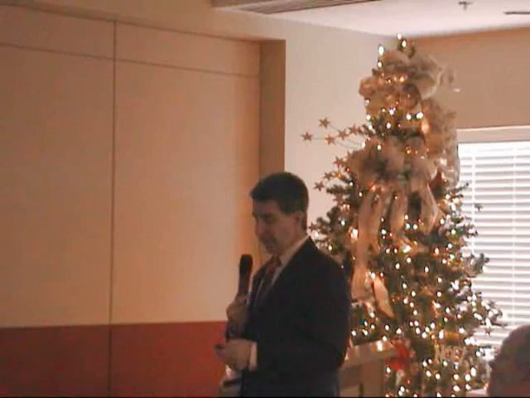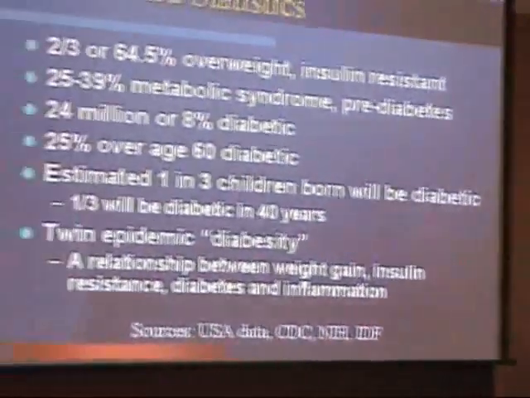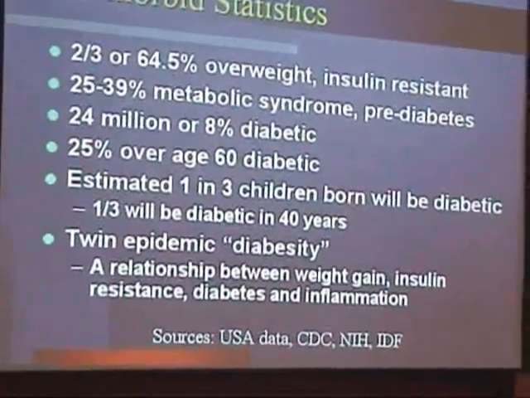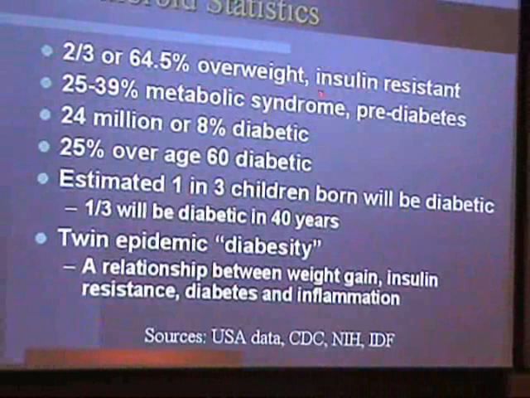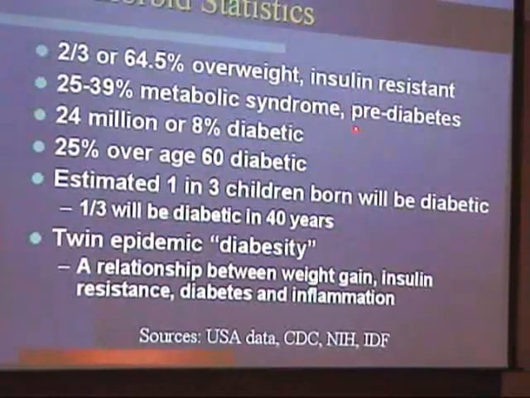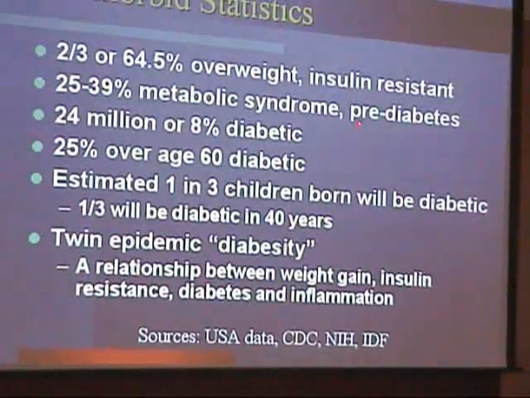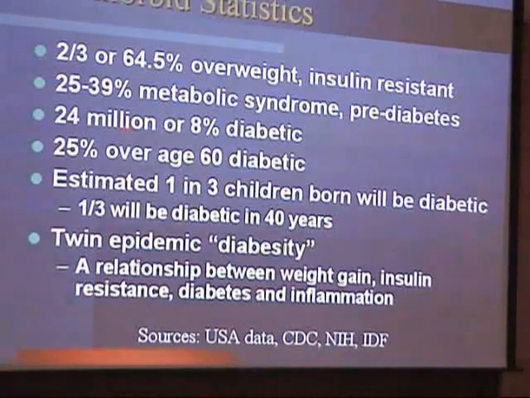Some statistics about these associated conditions. If you remember in the beginning of the talk, I said that 2/3 of the population are overweight. Well, that's insulin resistance. There's the medical condition. It's not just obesity. Of the general population, almost 40% have the metabolic syndrome that I just talked about, or the pre-diabetic state.